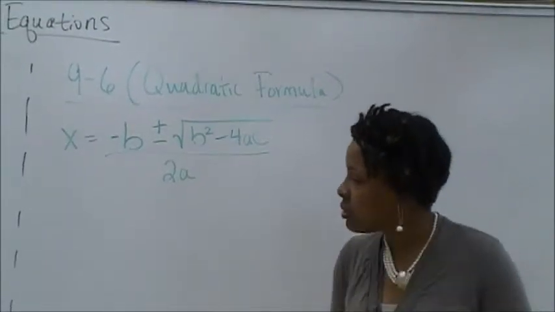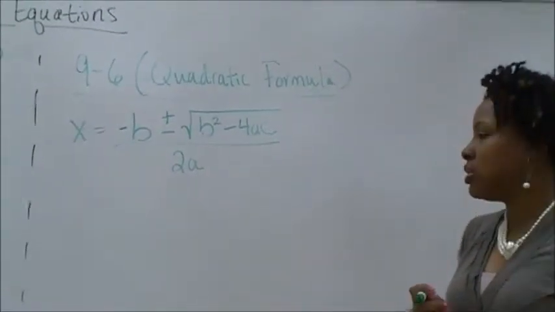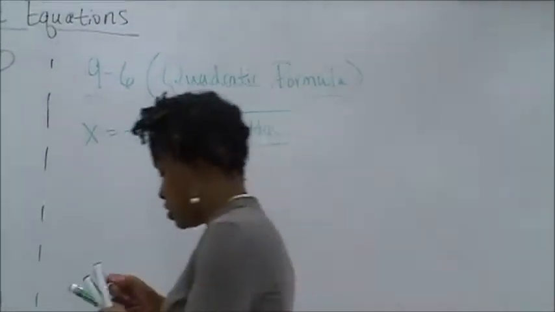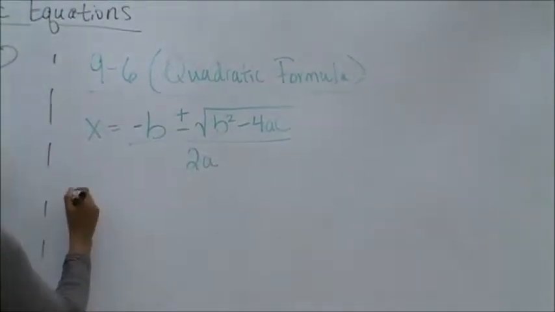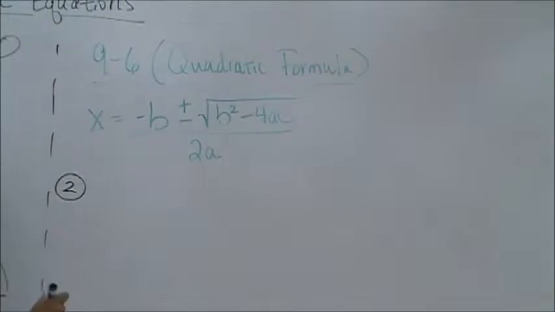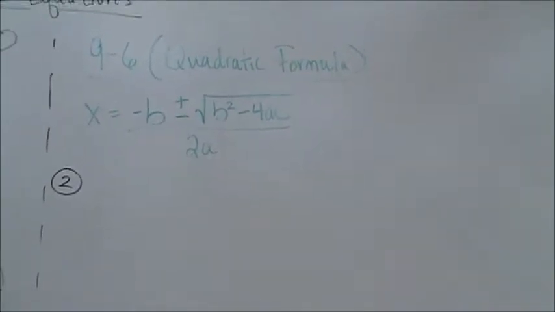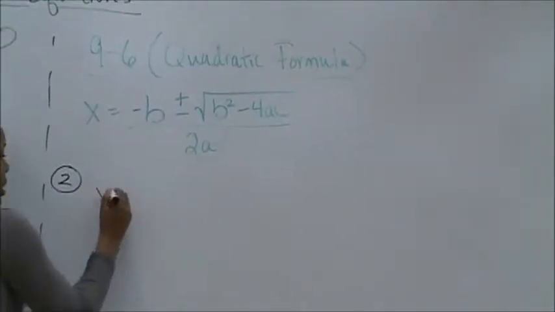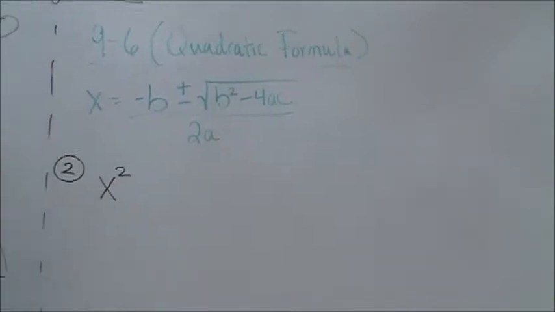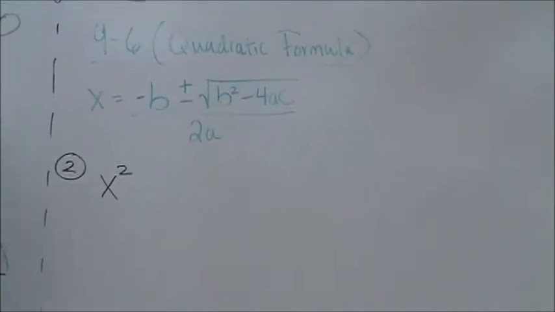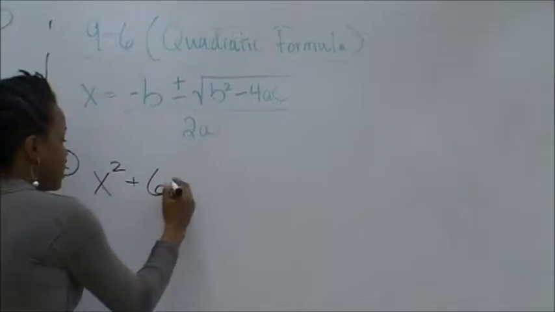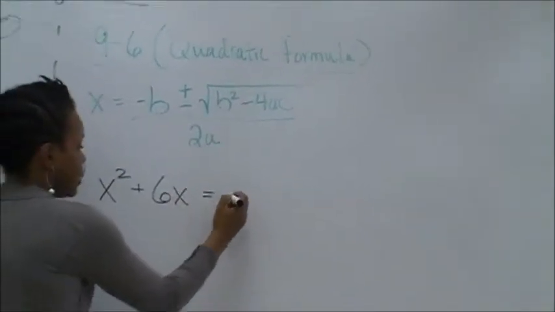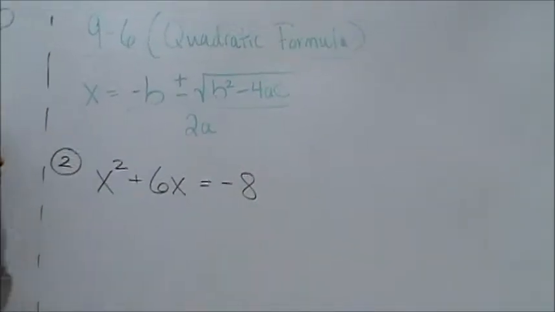So let's say we have another equation. Call this equation number 2. This is 14. And we're going to solve it. It's going to be x squared plus 6x equals negative 8.